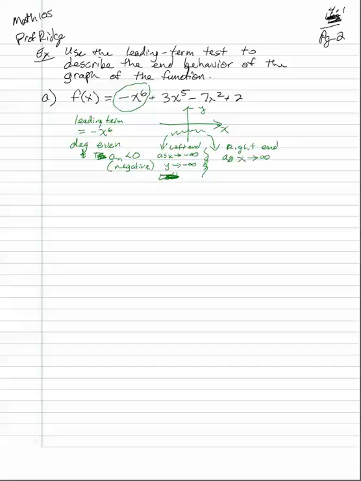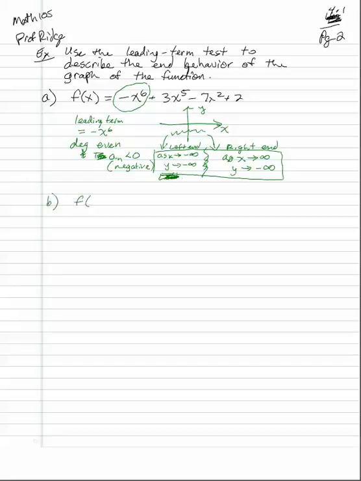As you go to the extreme right, the y value goes to negative infinity. Okay, so both ends are going down. If you can just draw the picture, that's fine. But this is the notation we commonly use. So instead of writing y, of course, you can use f of x.